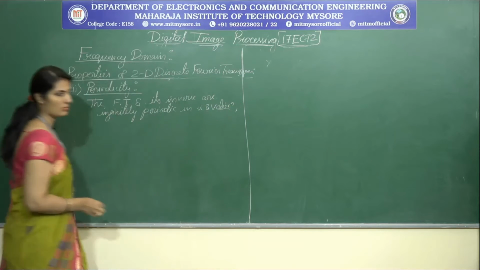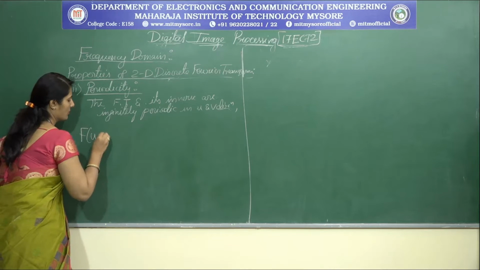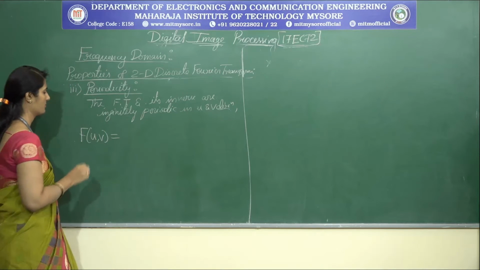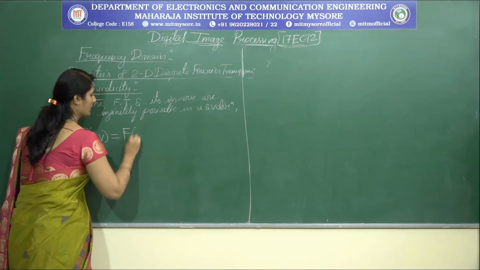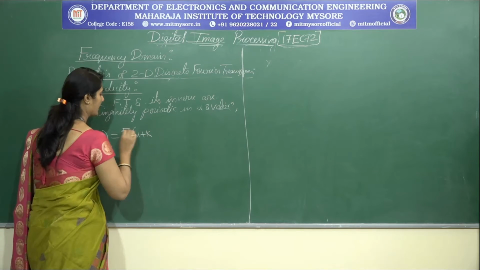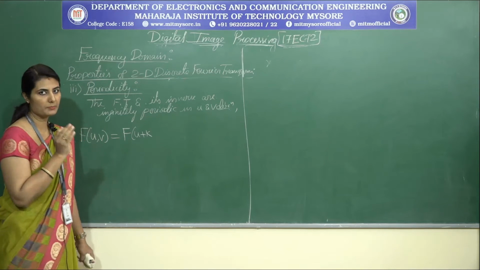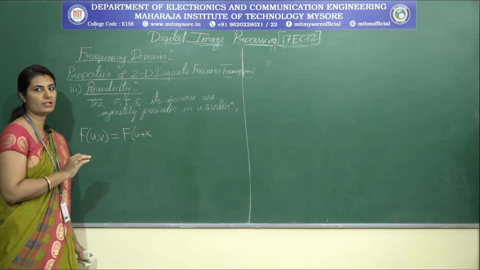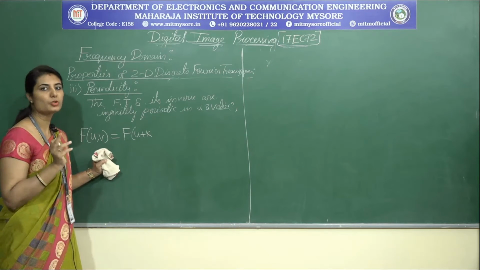So for that, consider F of u comma v, the discrete Fourier transform signal. This is equal to F of u plus k1 M, comma v plus k2 N. In signals and systems you have used this periodicity property, the same equation, and here we are using it with respect to two variables.